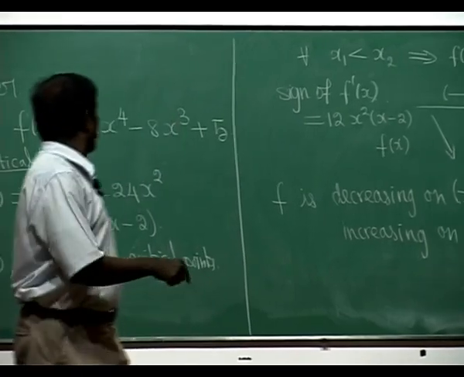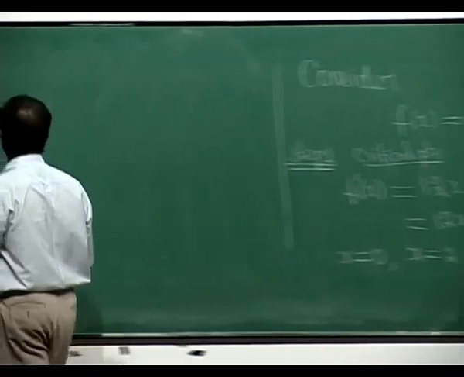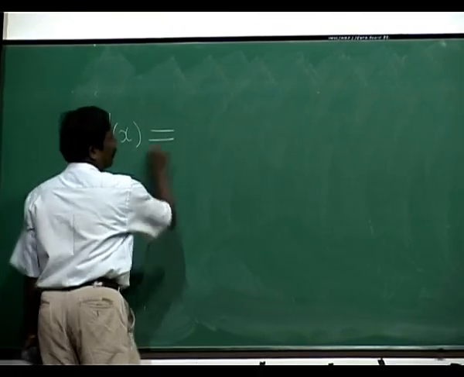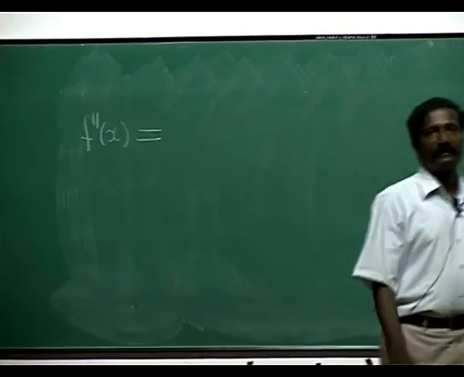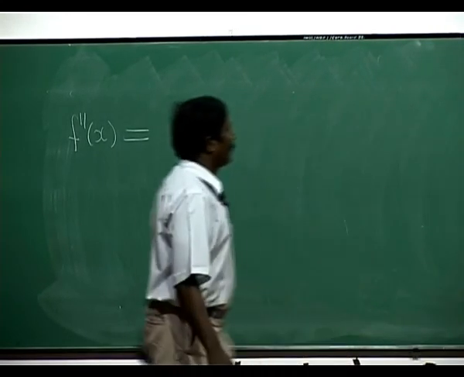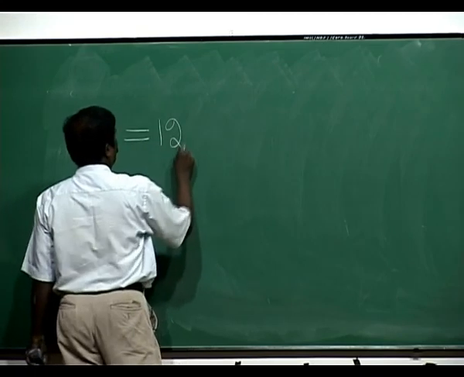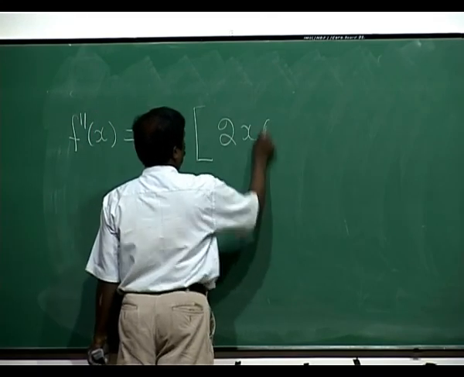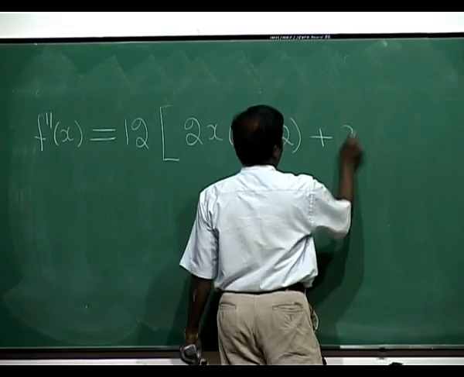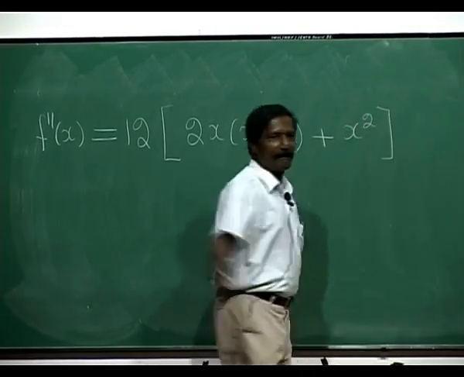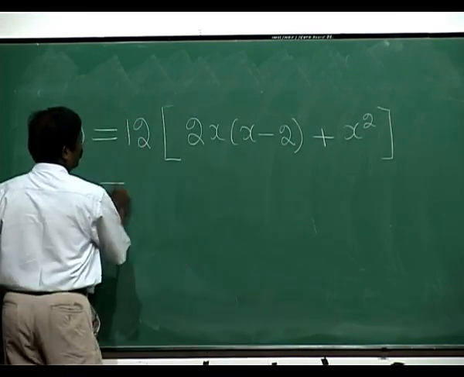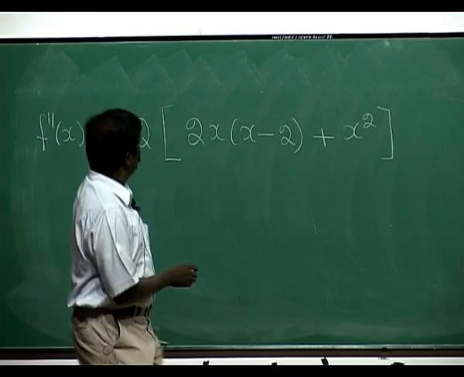Okay. All right. Now let's check for the second derivative. f double dash of x is 12 times 2x times x minus 2 plus x square. Is that right?